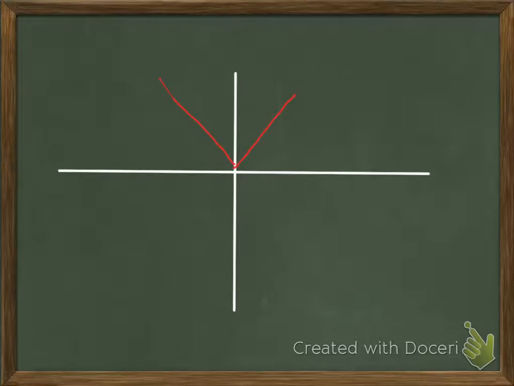Again, not the greatest drawing here, but you get the picture. And again, it should go to the origin. Okay, so that's the absolute value. Here's another example of the absolute value graph. It could go like this.